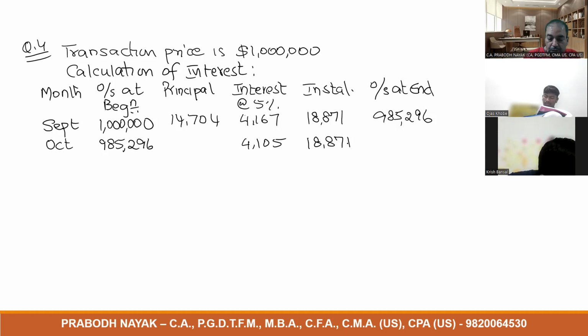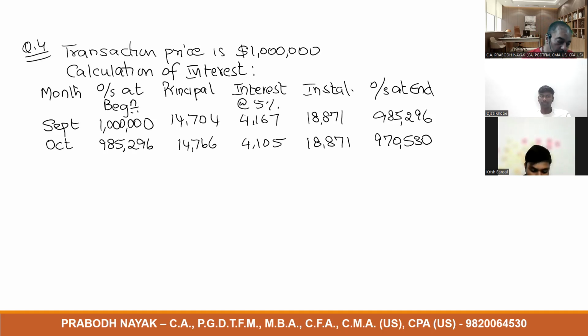Minus 4105 from 18,871, 14,766. Subtract this amount from 985,296. $970,530.